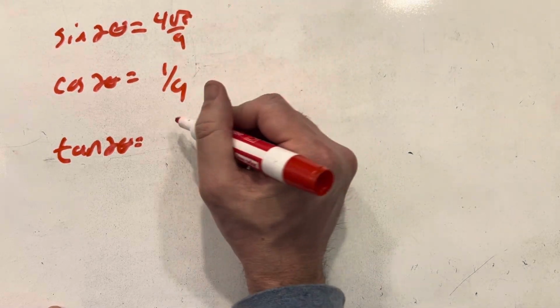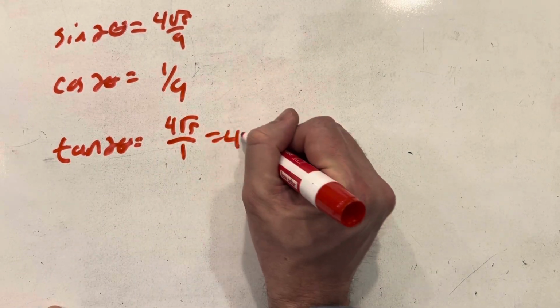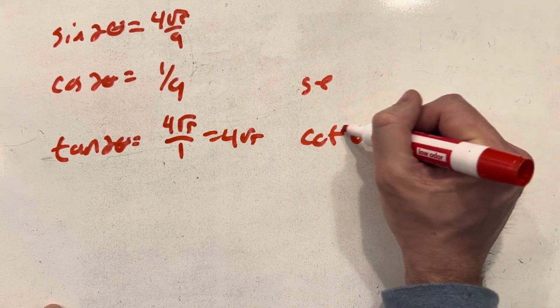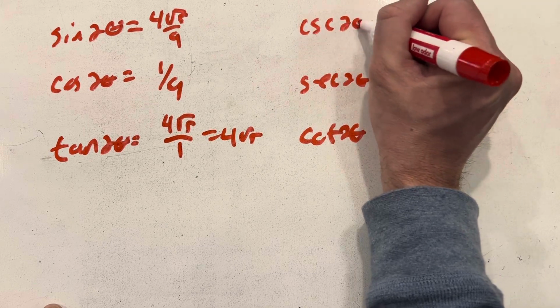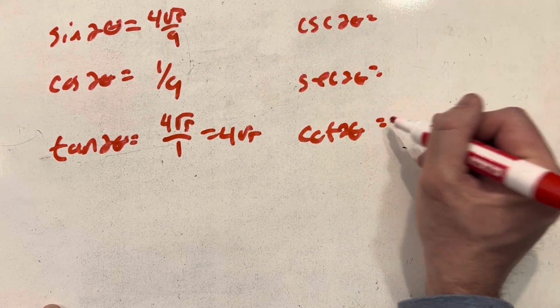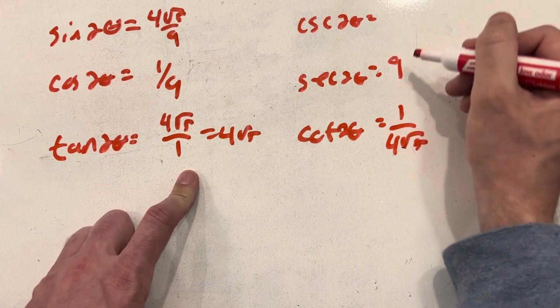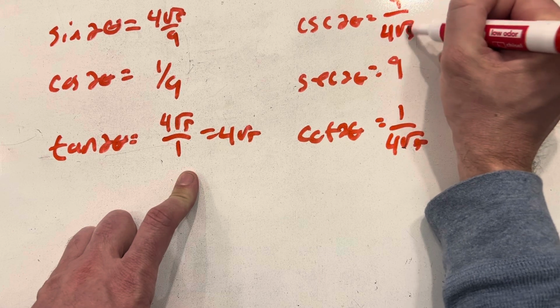I'm going to divide these two, so I get 4 root 5 over 1, which of course is just 4 root 5. And now I can just use my reciprocal identities. So this is going to become a 1 over 4 root 5, a 9 over 1, and a 9 over 4 root 5.